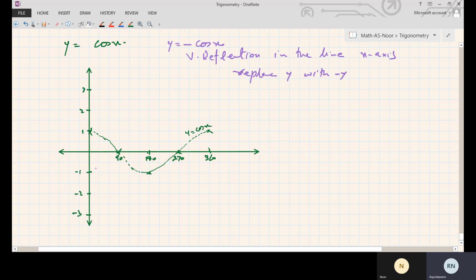This point would be reflected in the line, and 90 would remain as it is because it is on the mirror line, no change. This point has y coordinate minus 1 and it becomes plus 1, and again this would remain the same, and this point has y coordinate 1, so when you reflect it, it becomes minus 1. So you'll get this kind of graph for y is equal to minus cos of x.